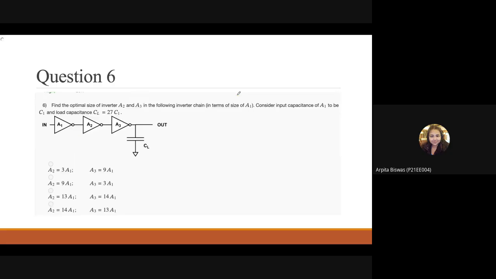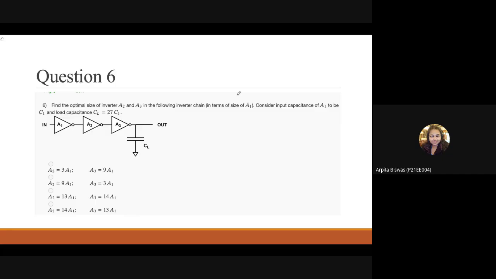So next, this is question number 6. Find out the optimal sizes of inverters A2 and A3 in the following inverter chain in terms of the size of A1. Consider the input capacitance of A1 to be C1 and the load capacitance CL equal to 27 C1. Option A: A2 equals 3A1 and A3 equals 9A1.